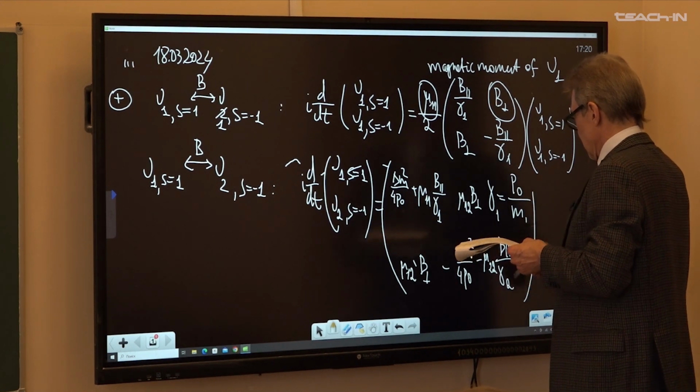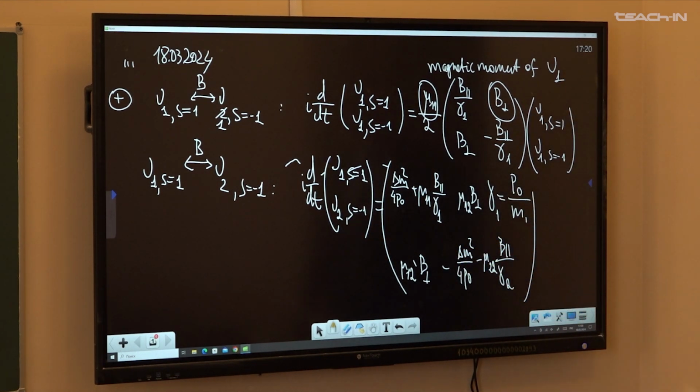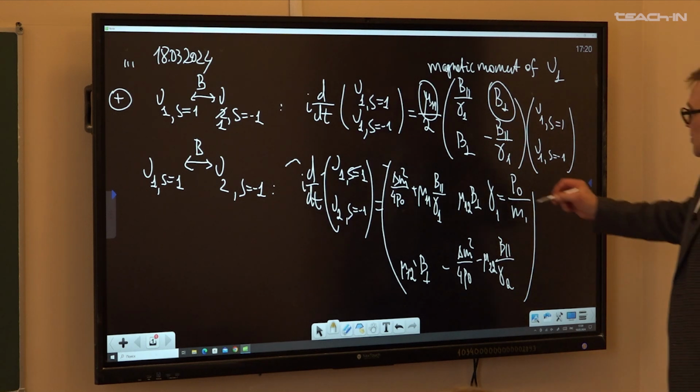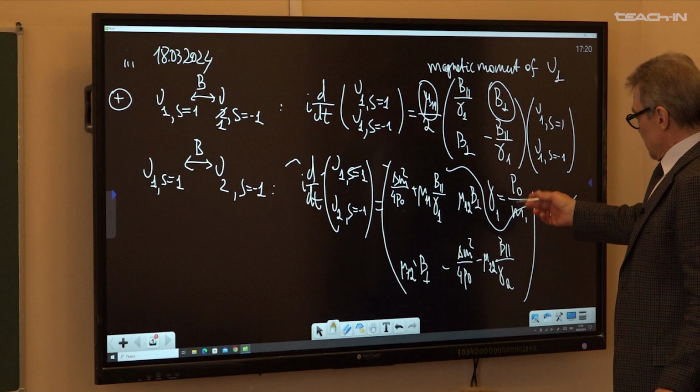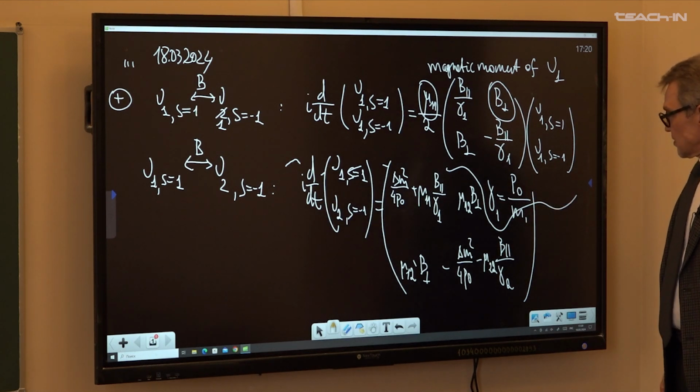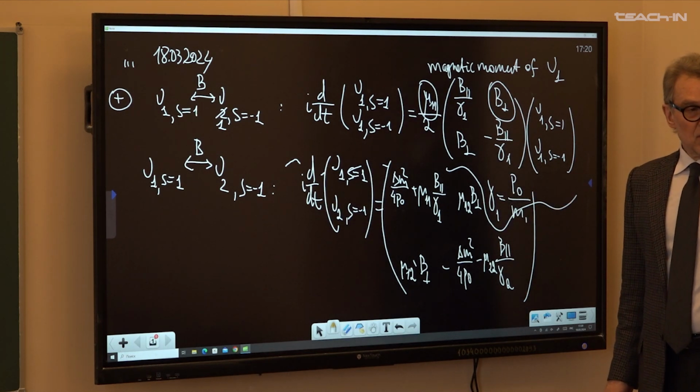Gamma 2 is the Lorentz factor for neutrino with the mass 2.